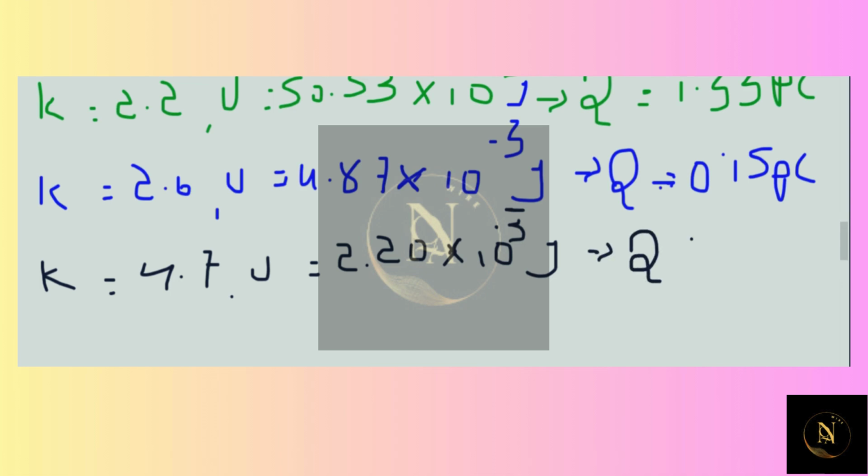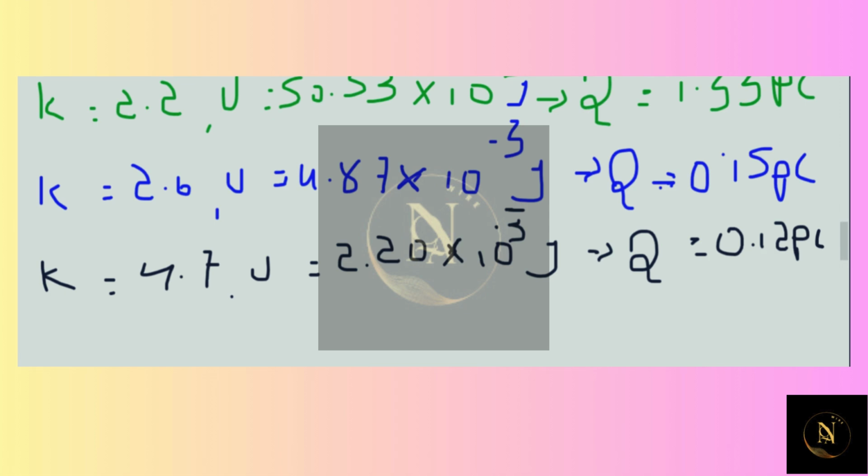So Q is equivalent to 0.12 picocoulomb. As shown by the result, polyester has the maximum charge and will be suitable for the second application.